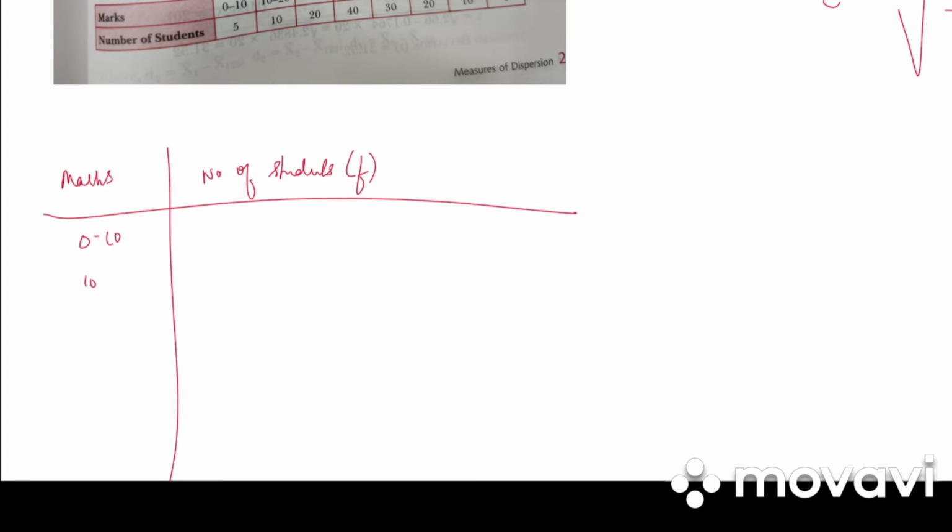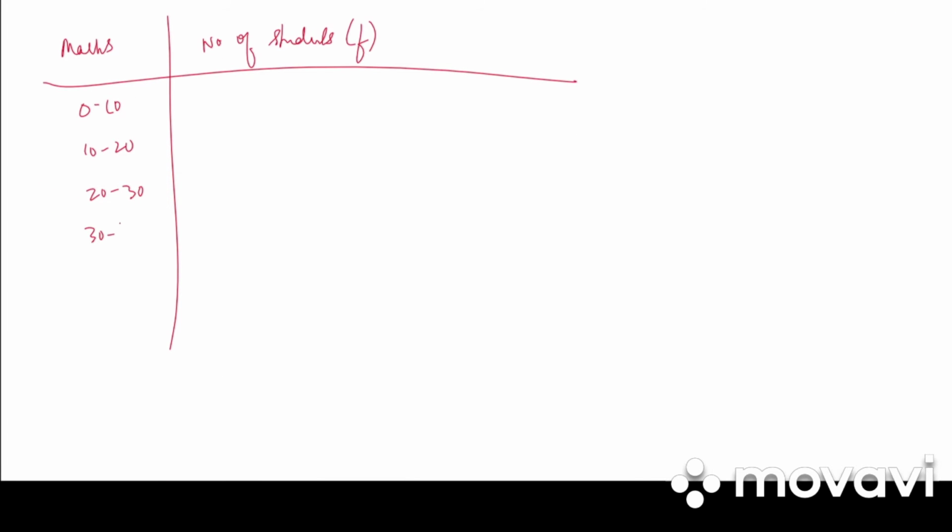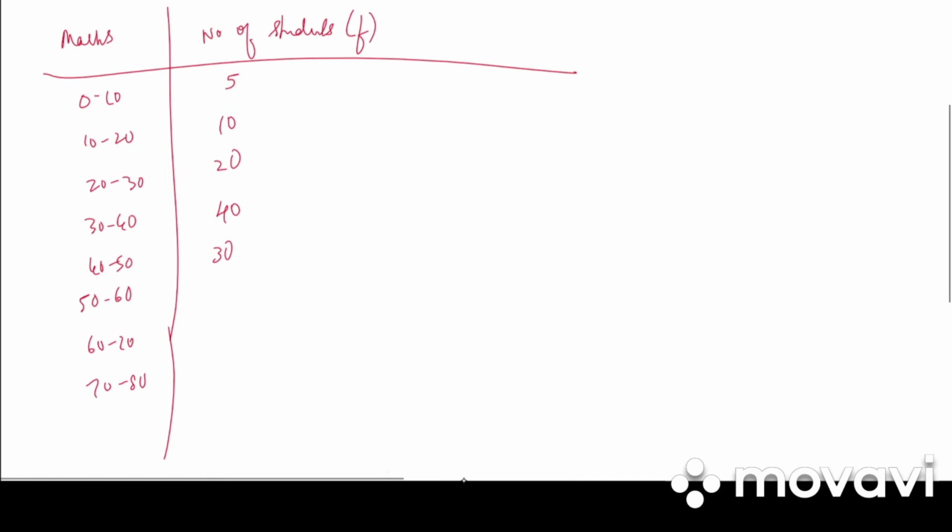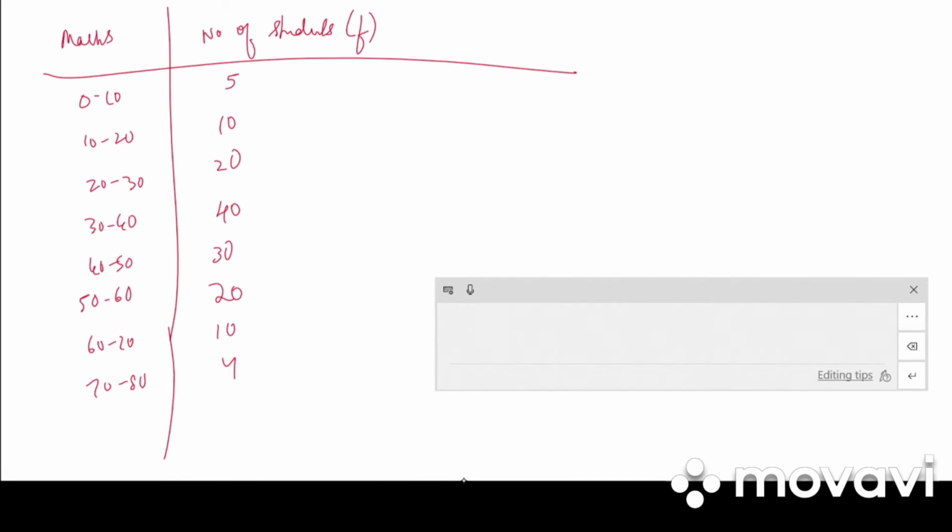Marks: 0 to 10, 10 to 20, 20 to 30, 30 to 40, 40 to 50, 50 to 60, 60 to 70, 70 to 80. Then we have 5, 10, 20, 40, 30, 20, 10 and 4.